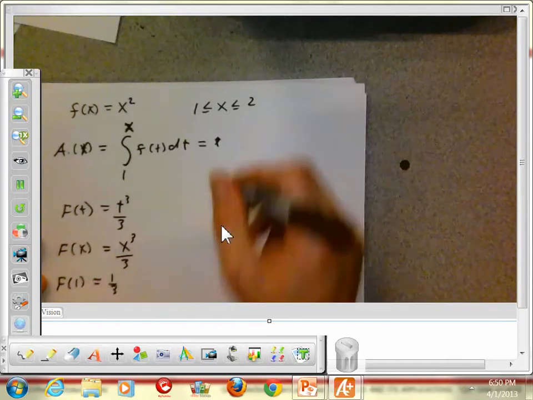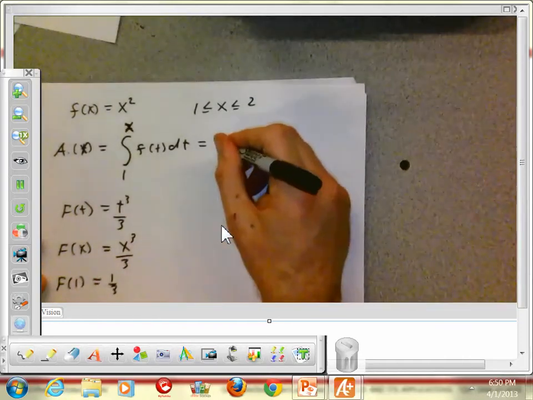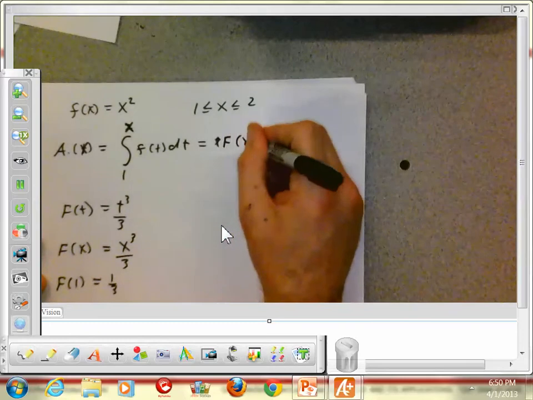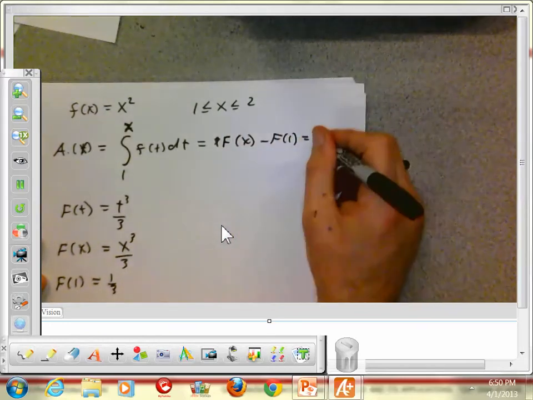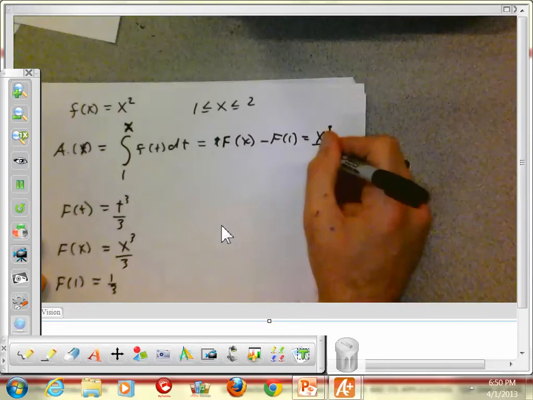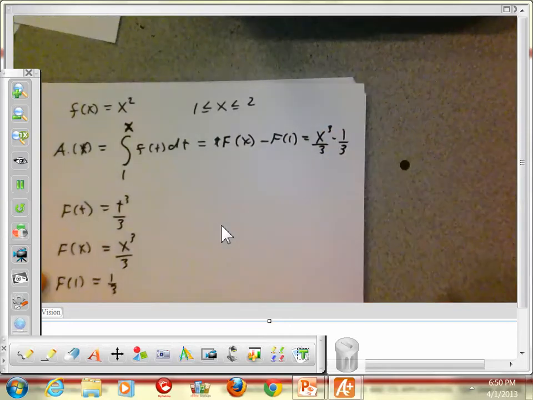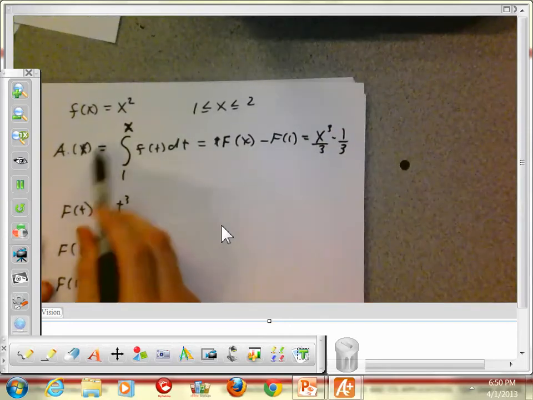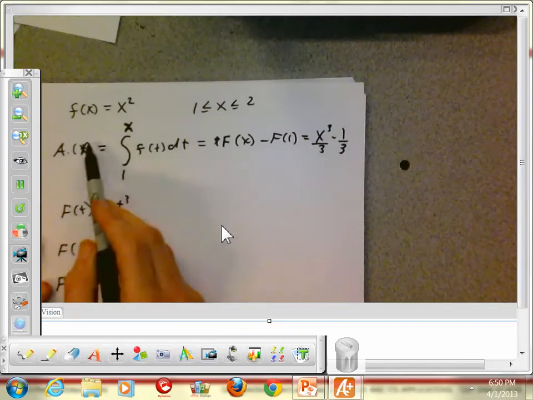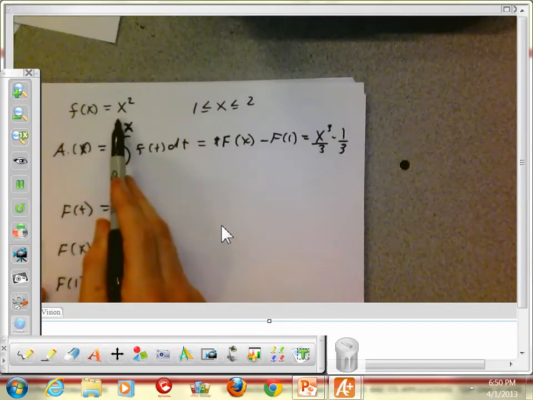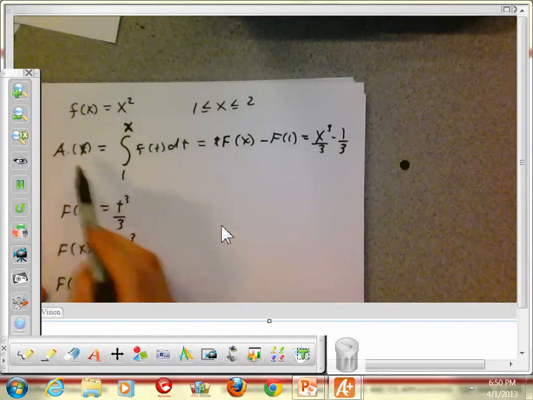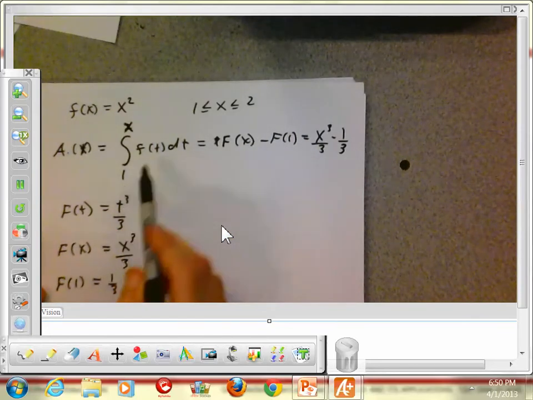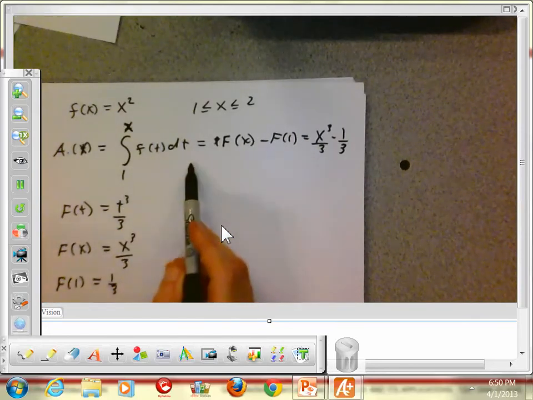So by the fundamental theorem, this is equal to F of x minus F of 1, which is x cubed over 3 minus 1/3. So a formula for the area under the curve f of x equals x squared, where x is between 1 and 2, is A of x equals the integral from 1 to x of f of t dt, which by the fundamental theorem is this over here.